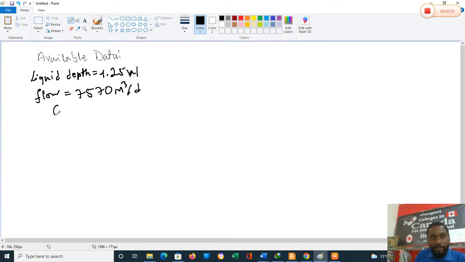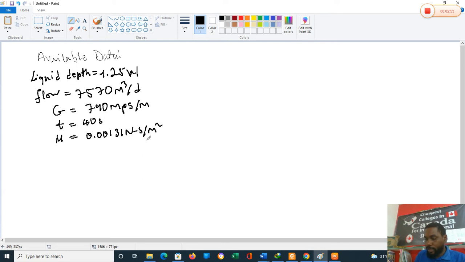And we have velocity gradient at 790 meters per second per meter, detention time is given as 40 seconds, and we have absolute viscosity 0.00131 Newton second per meter square.